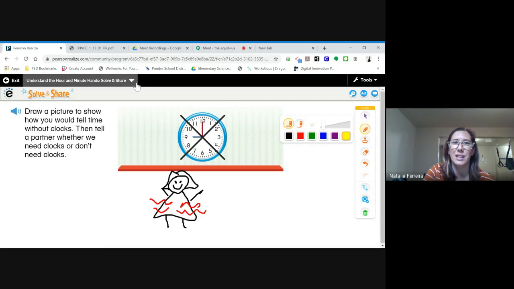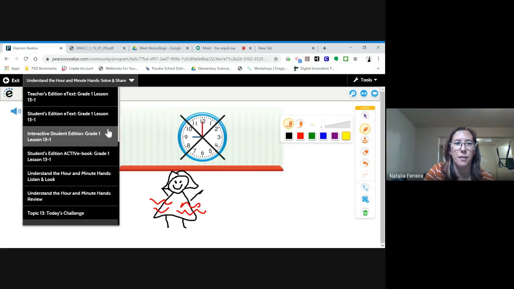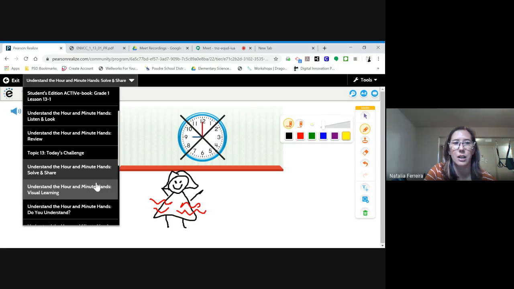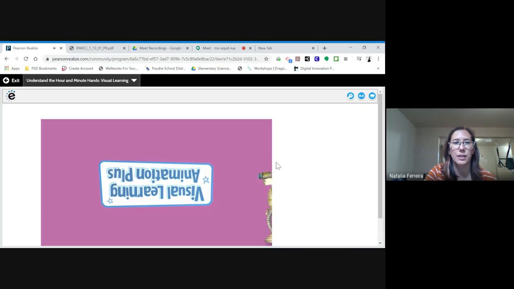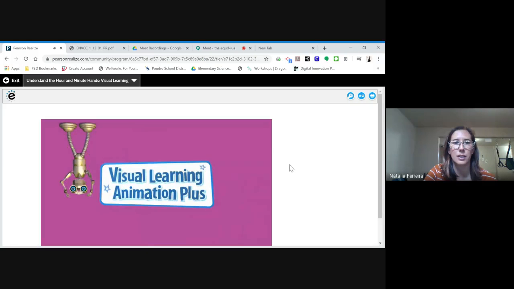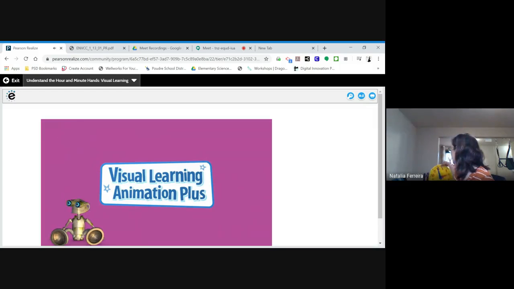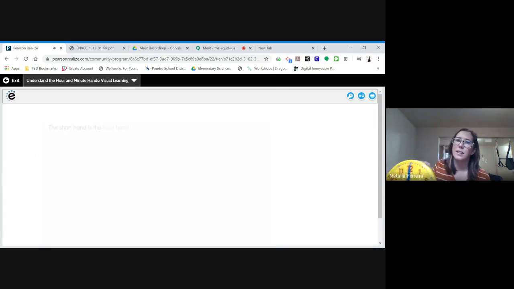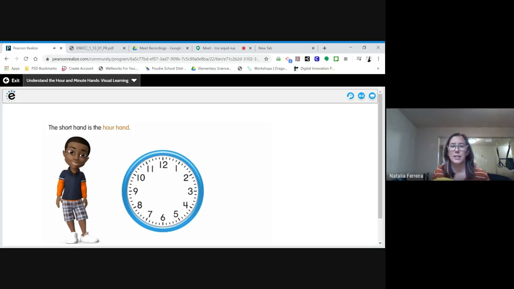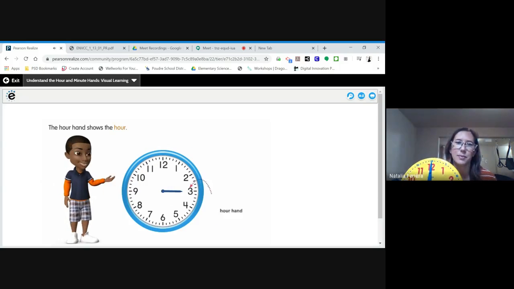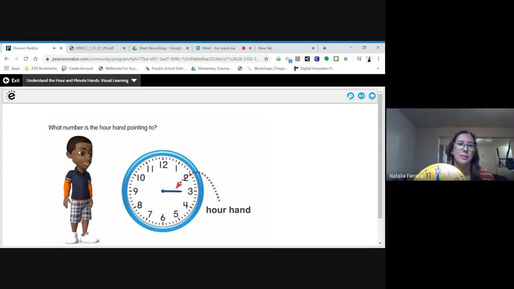Okay, now let's look at our visual learning. This is the hour hand. It shows the hour. What is the hour hand pointing to?